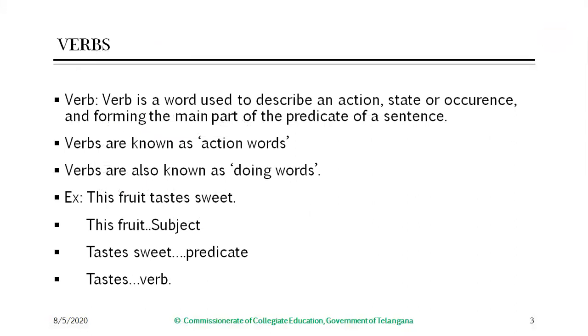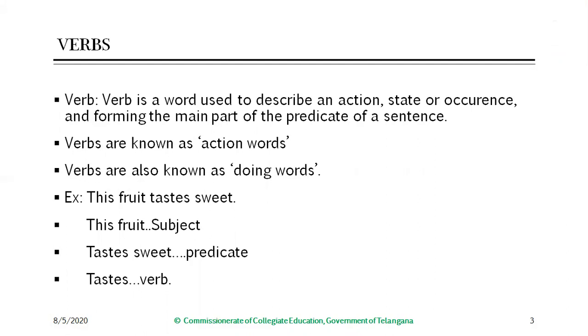Now let's learn about verb: what is called a verb, how the verb functions in the sentence, and the different kinds of verbs. We can discuss all these things here.